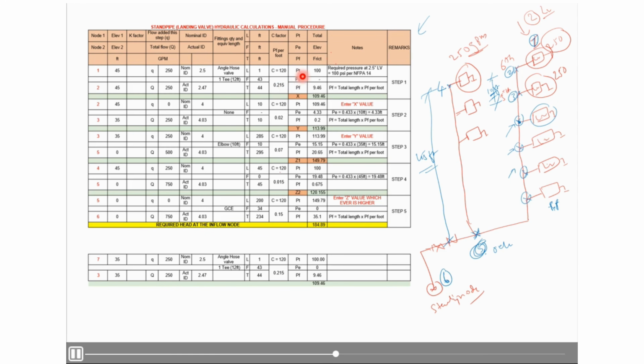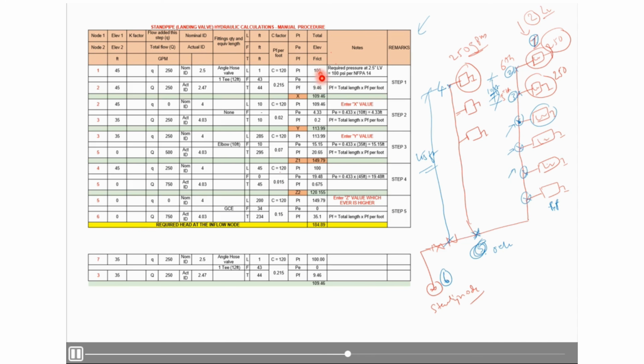Now here, since our requirement for the first node or the first landing valve is 100 psi, I mention it here, 100 psi. Now elevation, because elevation 1 to 2 is on the same elevation, there is no change in the elevation, so we will put 0, and the total friction loss will be 44 multiplied by 0.215, which will be about 9.46.